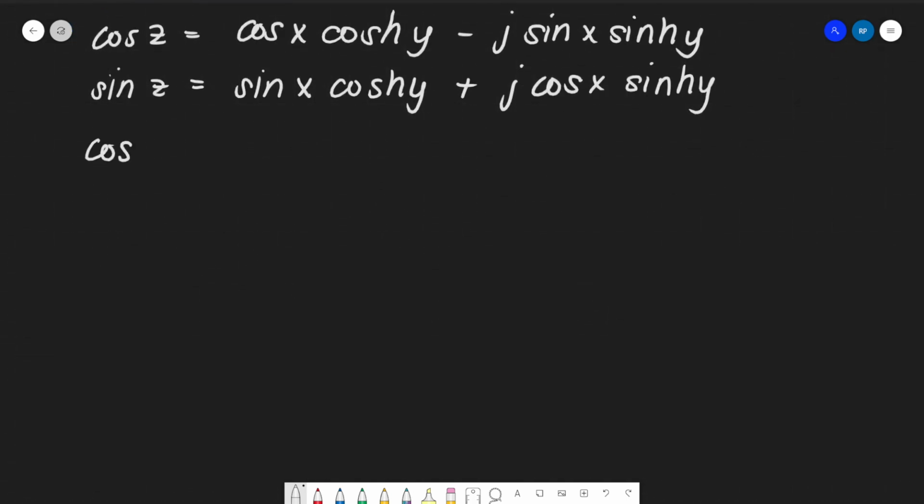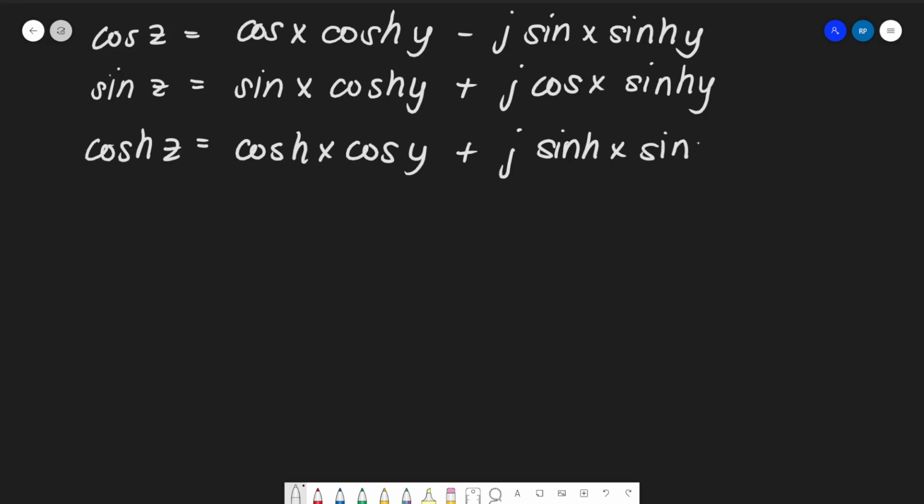Then, ganun din naman. Kapag naging cos naman ito, so we have cos x, mauuna naman yung cos, then cos y plus j sin x sin y. May ganun dito sa kabila. Sin z is what?